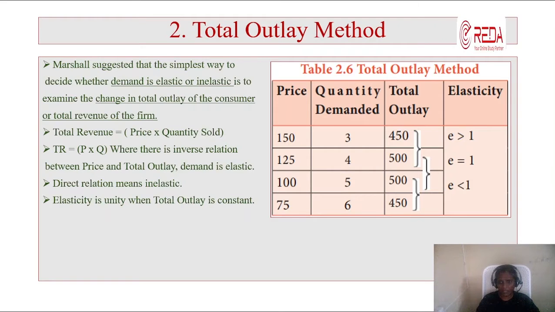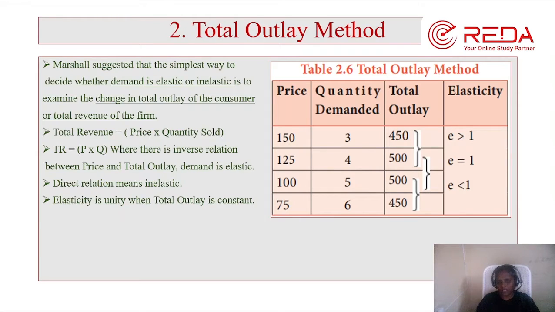Outlay is how much the consumer spends on purchasing a commodity, and with the help of this he measures the elasticity of demand, using the consumer's outlay or the total revenue of the firm.